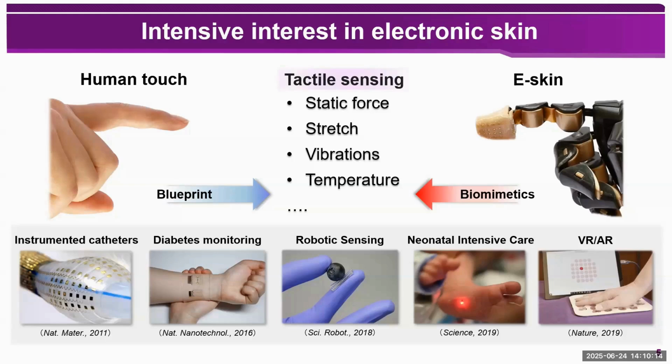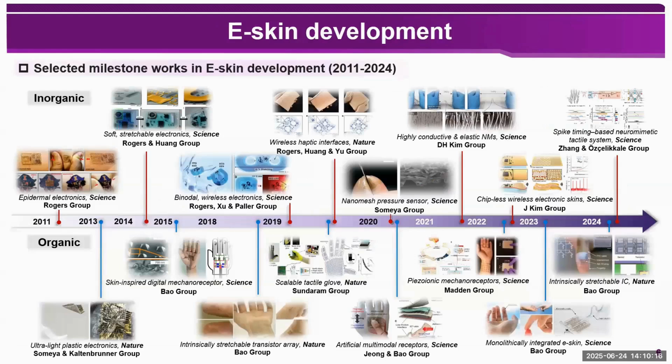So many inspiring progress has been made in this exciting area of electronic skin, and this slide summarizes some of the milestone works published in Nature and Science from 2011 to 2024. Those works on the top mainly fall into the type of inorganic electronic skins, and those on the bottom have some key electronic components made of organic electronic materials.